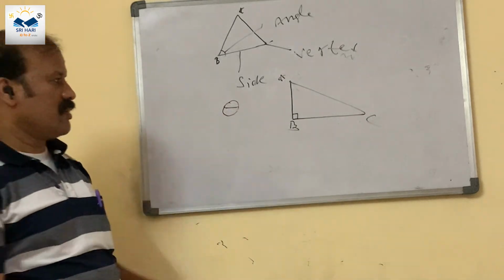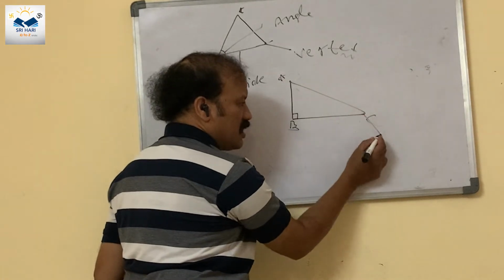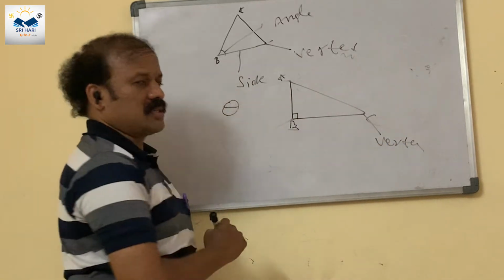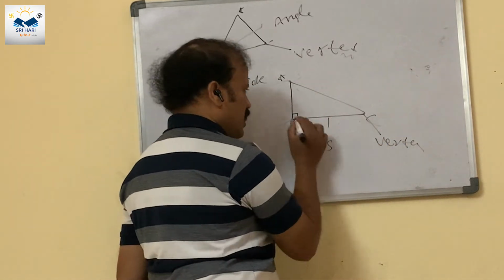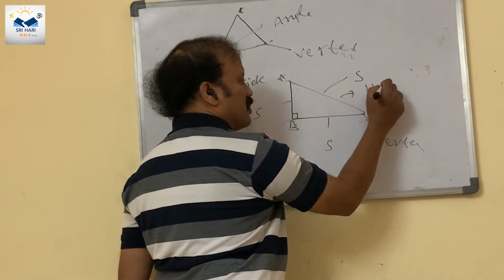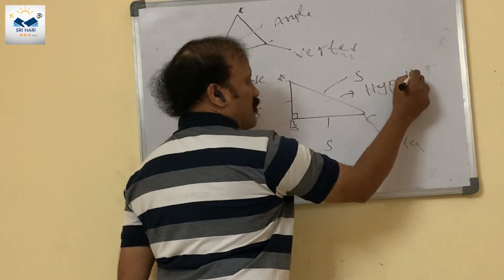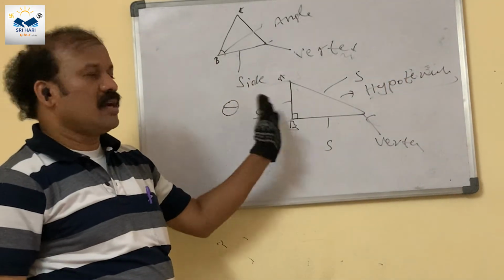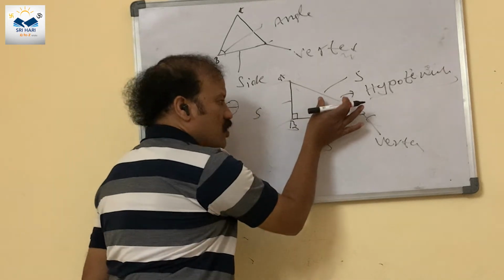In this right angle triangle, what I told you just now, it is a vertex. This is also a vertex, the corner parts. It is the side, and it is the hypotenuse. Hypotenuse is more than the other two sides.